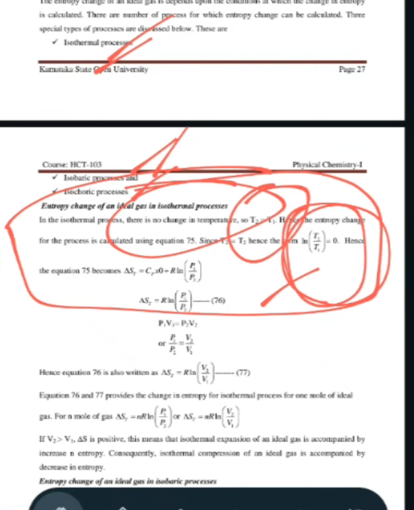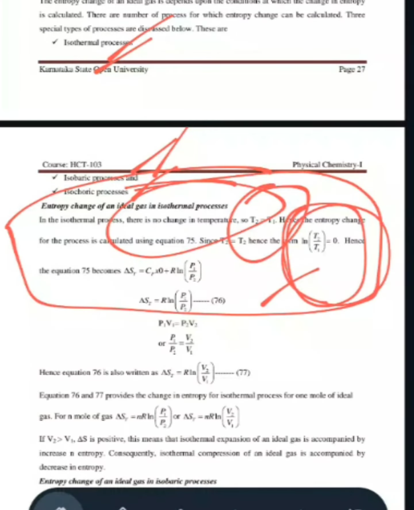So same, delta S T is equal to Cp ln of T2 by T1 plus R ln of P1 by P2, where temperature change will always be 0. P1 V1 is equal to P2 V2, and delta S T is equal to R ln of V2 by V1.